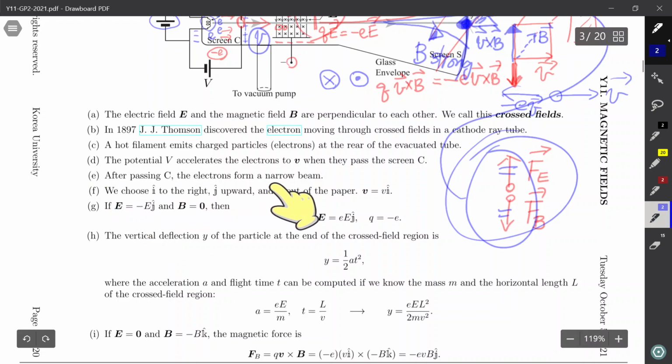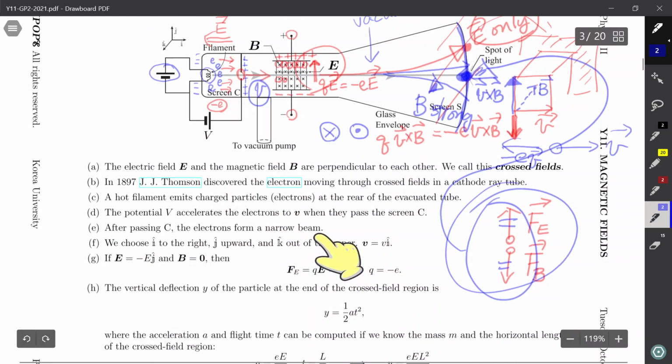After passing C, electrons form a narrow beam because of this small hole. We choose I to the right, J upward, K coming out of the paper. Velocity is proportional to I hat. Electric field is going down, minus J hat.